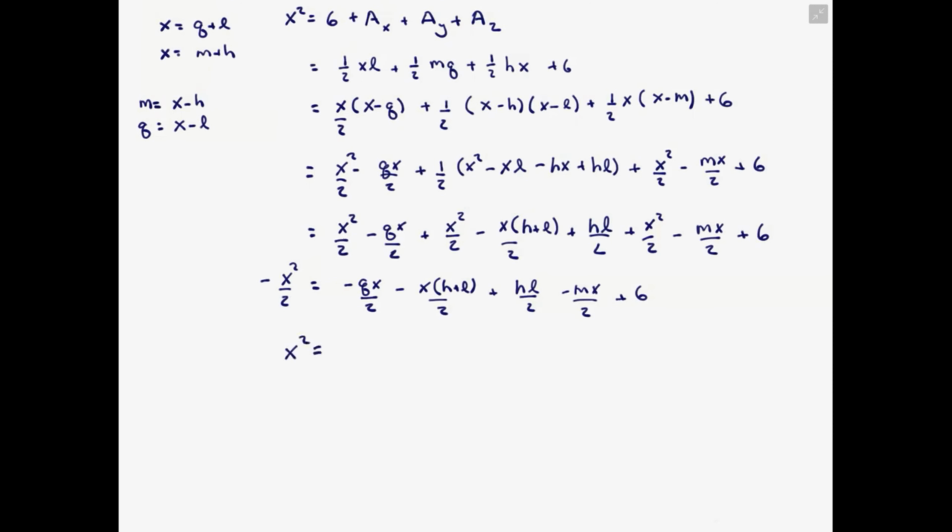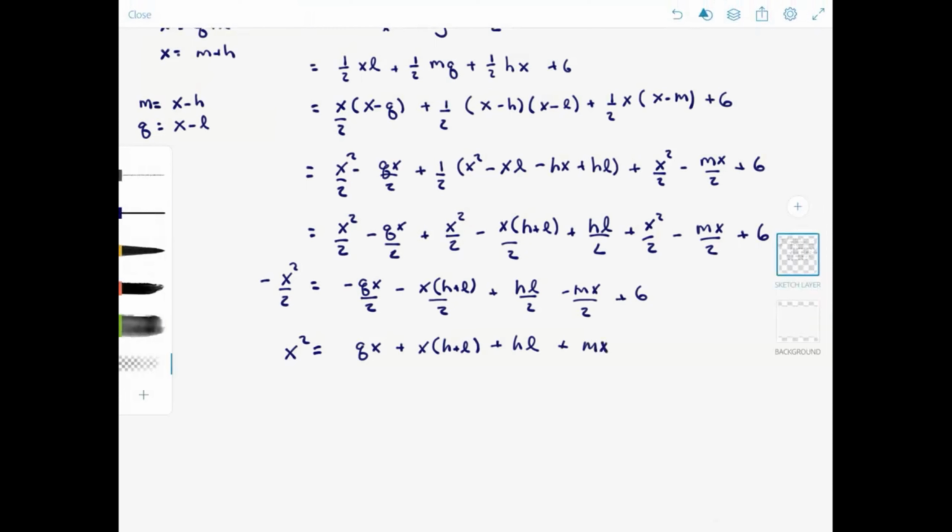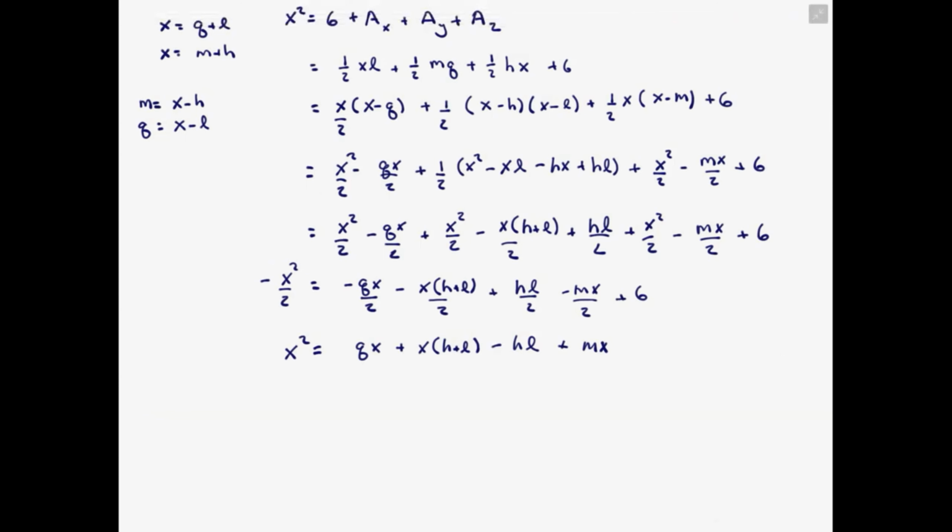So we got x squared equals qx plus x times h plus L plus HL minus mx, or plus mx, and I made a mistake already. That's going to be minus, gotta be careful, and minus 12.